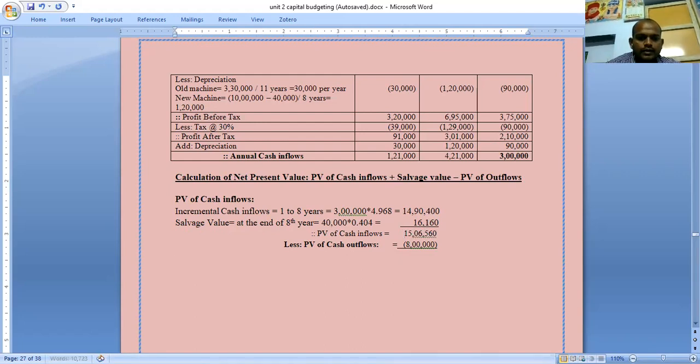We have to deduct the cash outflow so that we get the net present value, that is 7,06,560.